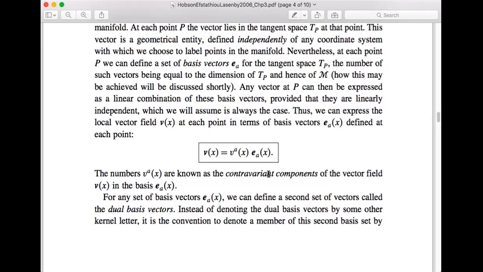There are two types, actually: contravariant and covariant. And so he needs to distinguish these contravariant vectors from covariant vectors. We're going to learn about covariant vectors next week. I want to save that for next week. Let's just stick with contravariant this week.